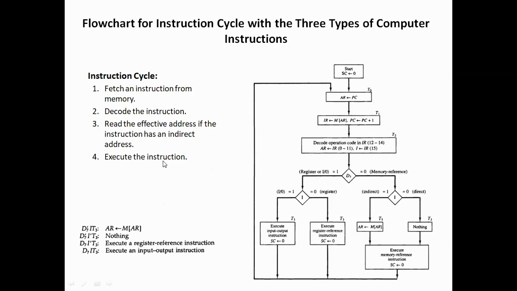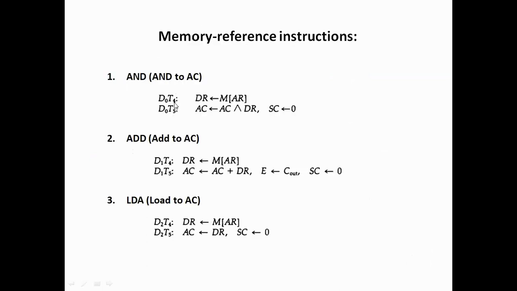Then the 4th step, execution, happens after T3. So execution starts at T4. That's why, in the execution of AND, there are 2 consecutive steps. This happens in one clock cycle, and this step occurs in the next clock cycle. So obviously this will happen in T4 and this will happen in T5.